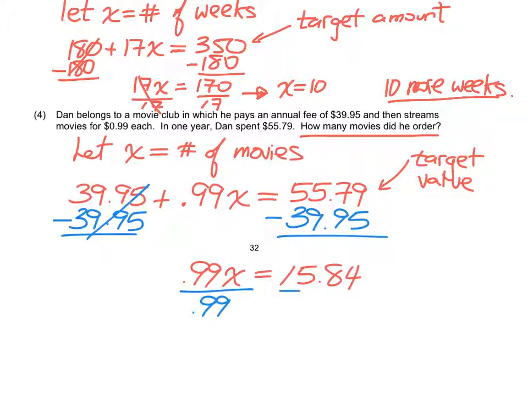Then divide out the 99, that is 0.99. And so you get X equals 1584 divided by 0.99. You get 16, even? Yeah, that makes sense.